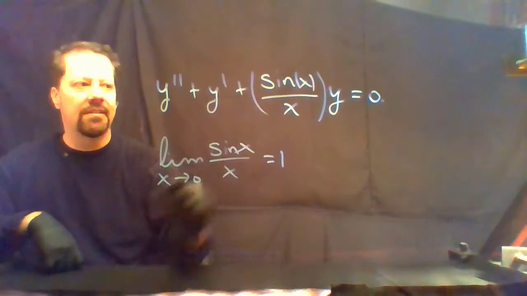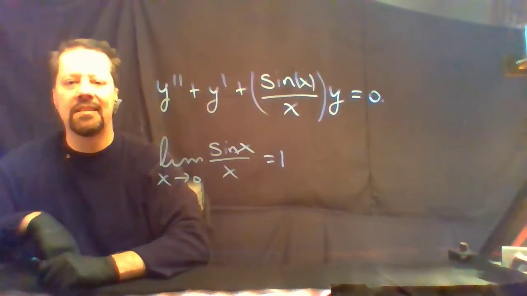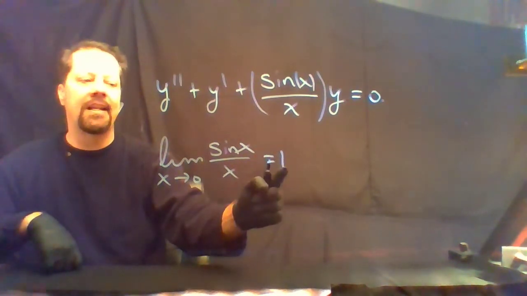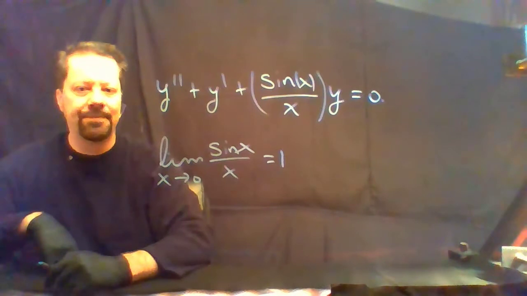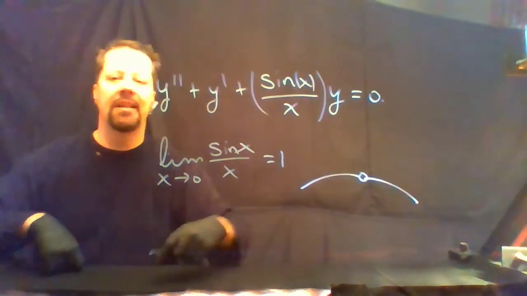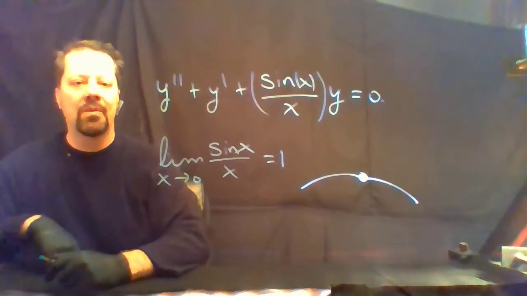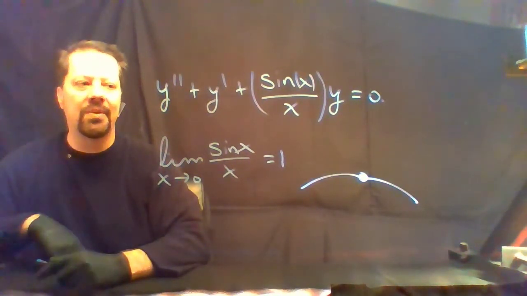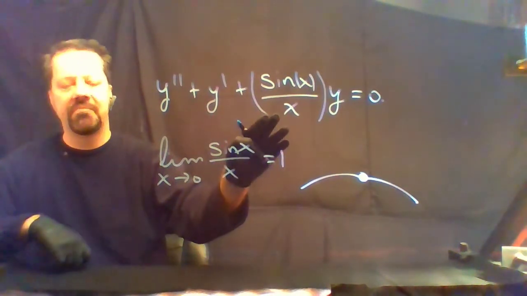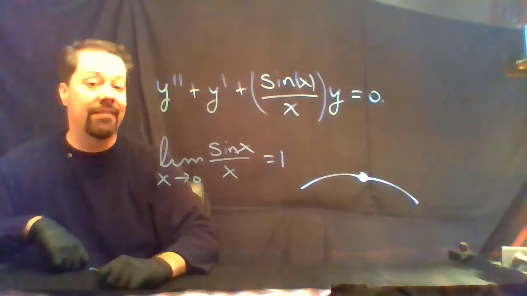This function, sine x over x, has what is called a removable discontinuity. We can patch the hole in the function at x equals 0 by defining that function to have a value of 1. So this function has a removable discontinuity at x equals 0. If that's the case, we're still going to say that 0 is an ordinary point, even if the functions technically aren't smooth there, they're not continuous, we have a discontinuity.